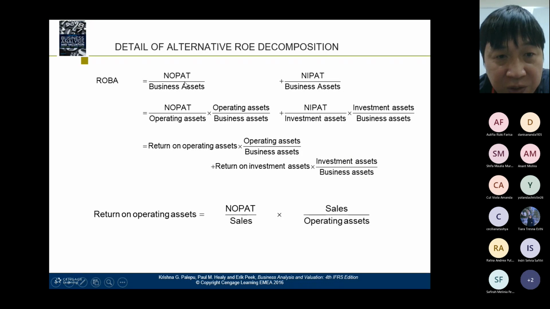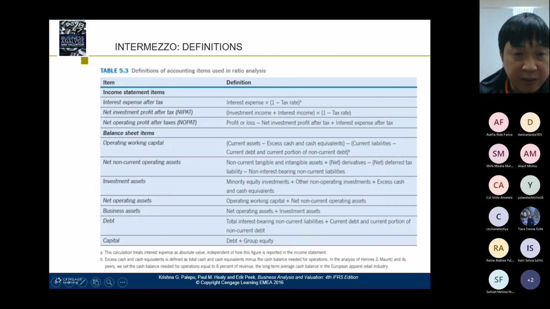Right now I insert the operating assets here, and also the investment assets. This one is the return on the operating assets, and this is its weight. This one is the return on the investment assets, and this is the other weight. That's your weighted average.